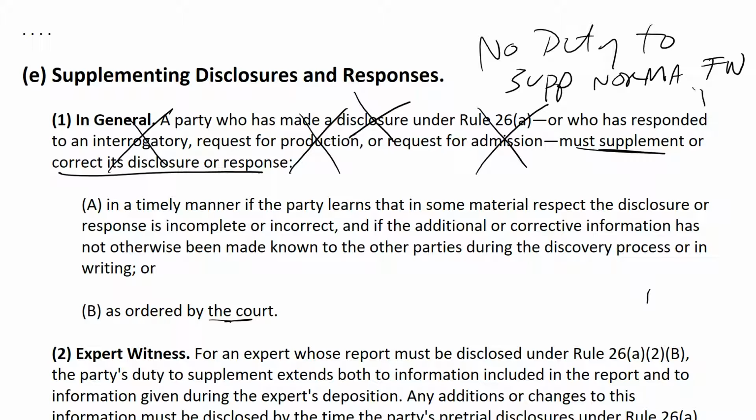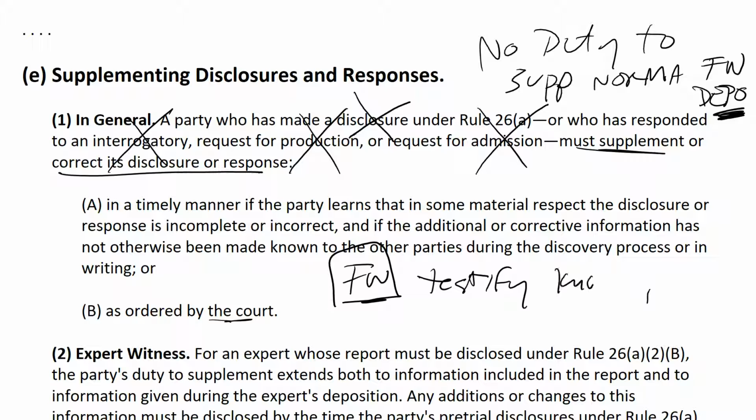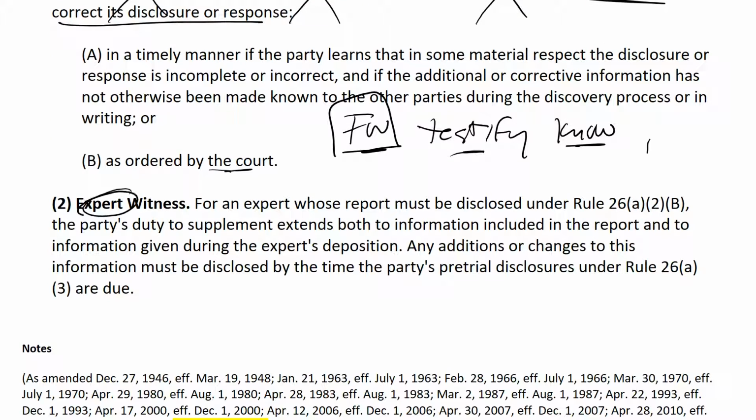fact witness deposition. Most depositions are of normal fact witnesses. A fact witness is somebody who's testifying based on their own knowledge, right? What they've seen, what they know. There's a second kind of witness, which is called an expert witness. And in fact, the duty to supplement for an expert witness includes not just the expert's report, but also the expert's deposition.